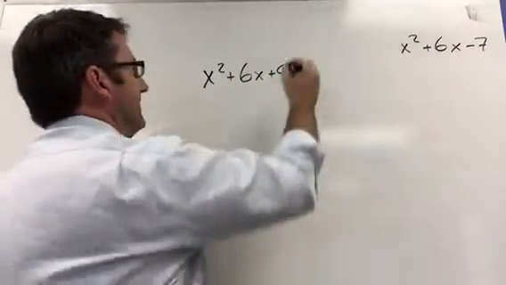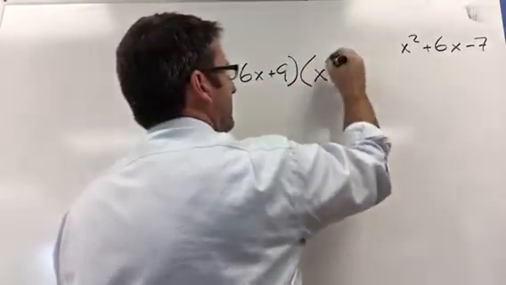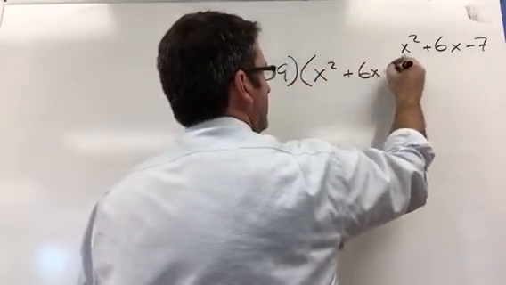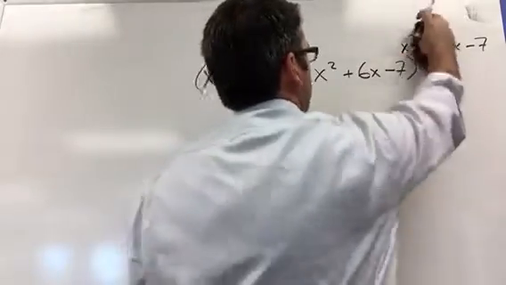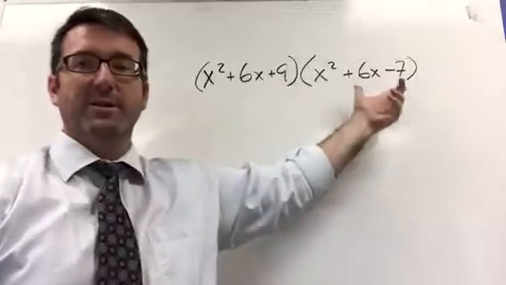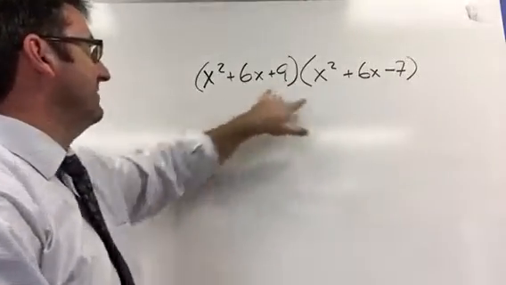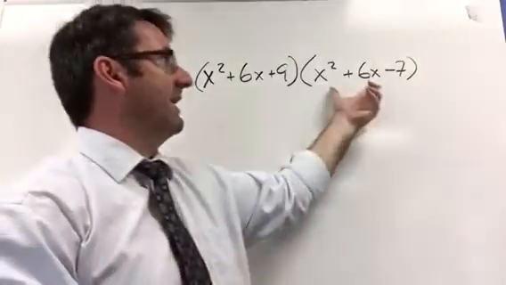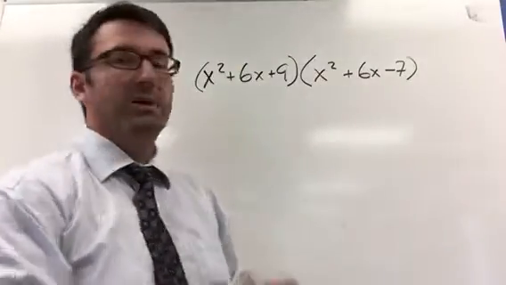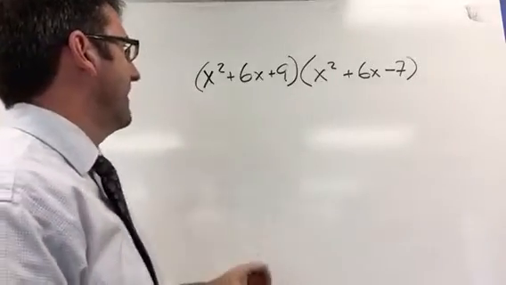And I'm going to set this up like that. So now this is equal to our original polynomial. And we know that because we divided that by this and we got that. So these 2 multiplied together give us that polynomial that we started off with.